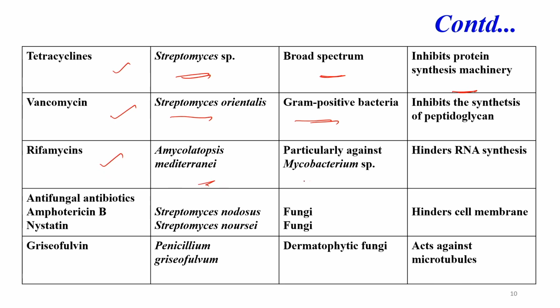Rifamycin is active particularly against Mycobacterium species, and it hinders RNA synthesis. Further, there are some antifungal antibiotics as well, which act against fungus and hinder cell membrane synthesis.